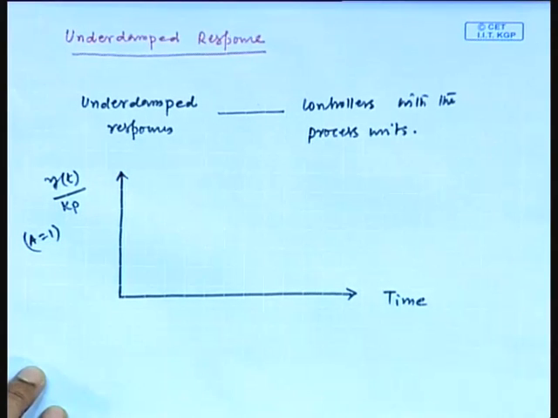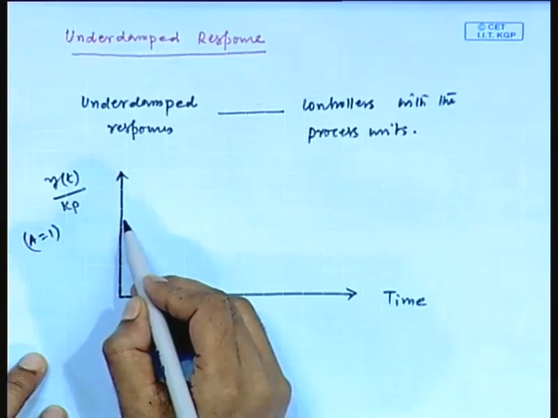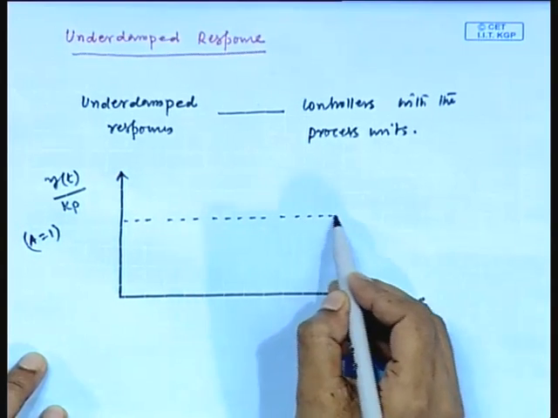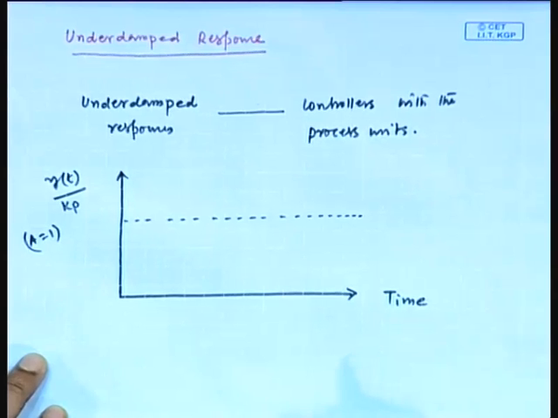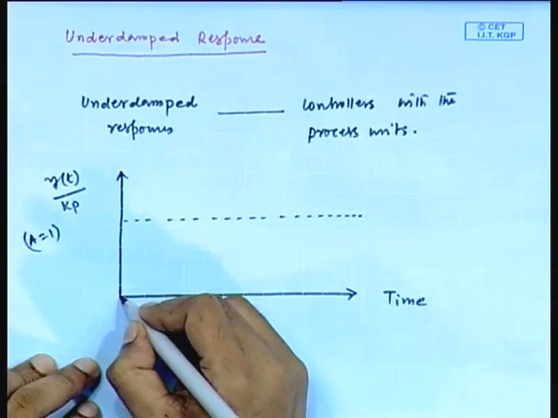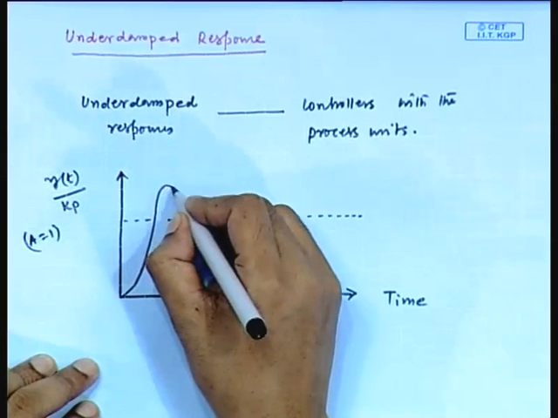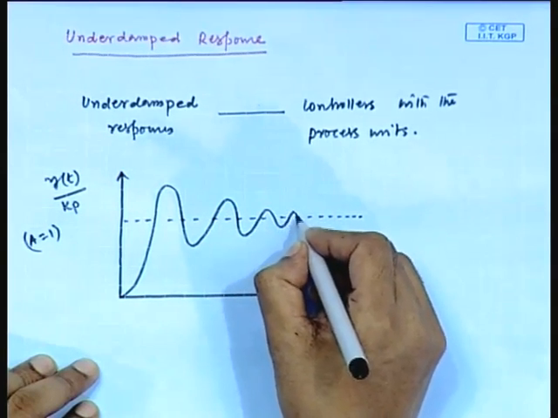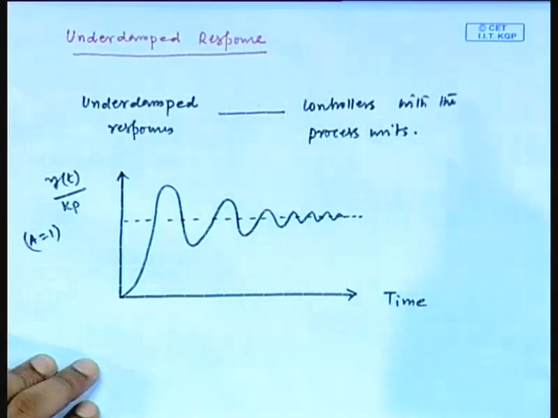Now, this is the new steady state value. The response is like this.